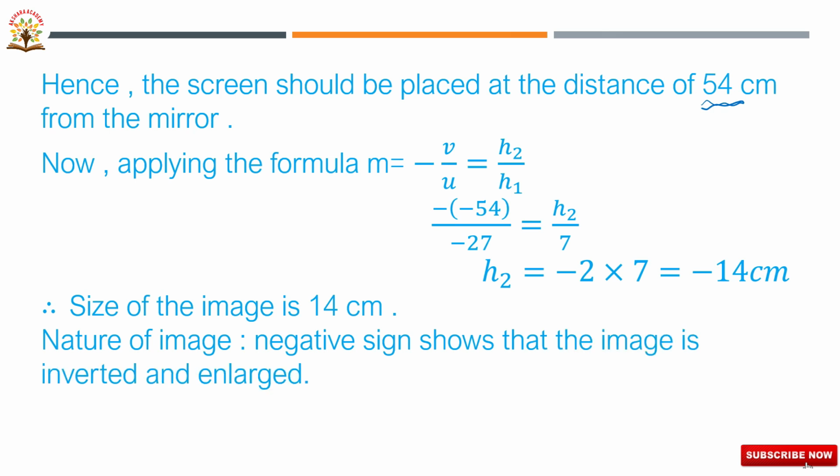So h2 is equal to minus 2 into 7, that is minus 14 centimeters. Therefore, the size of the image is 14 centimeter. Nature of the image: the negative sign shows that the image is inverted and enlarged. This is about the calculation of the magnification and image distance. Next, we will go to the next question.